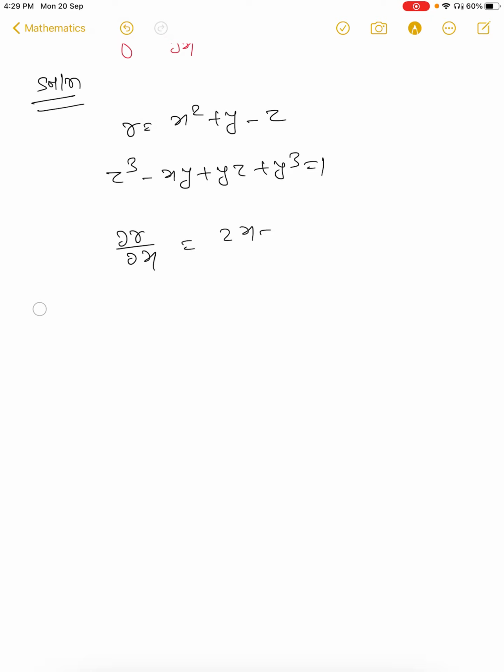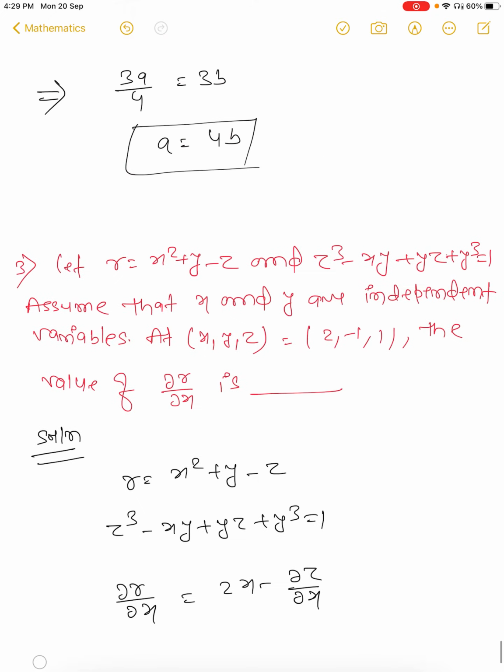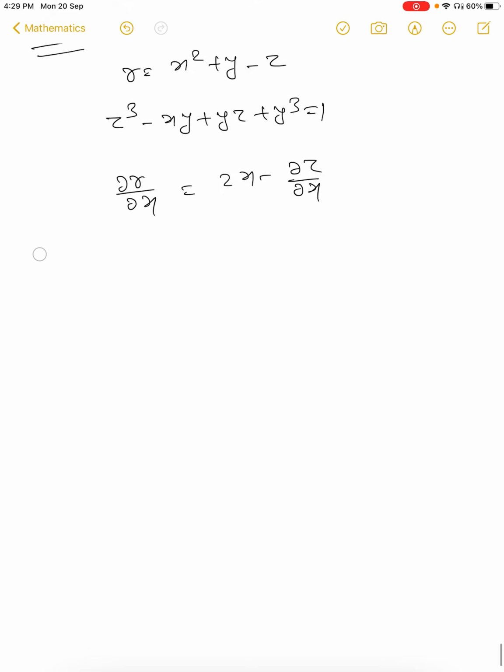2x minus del z upon del x. So x and y are independent variables, but z is not an independent variable. So z depends upon x. So del z upon del x: 3z square del z upon del x minus y plus y del z upon del x is equal to 0.